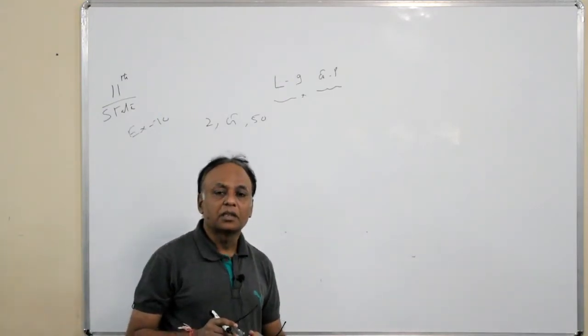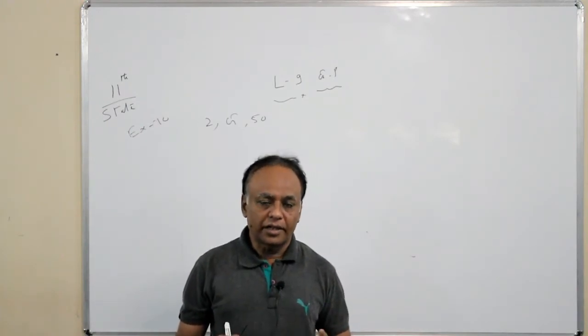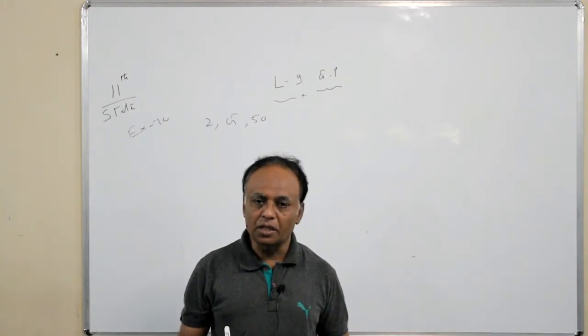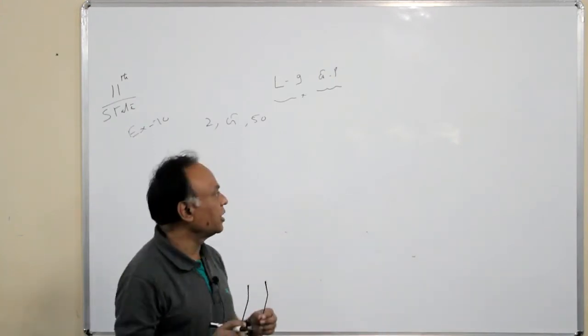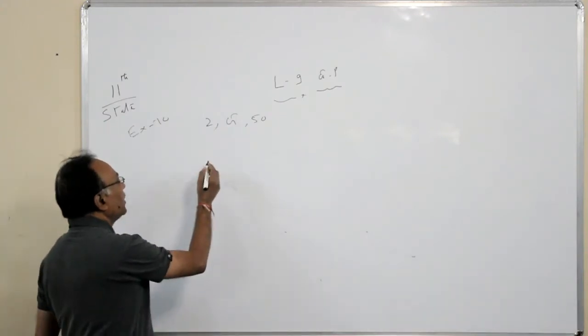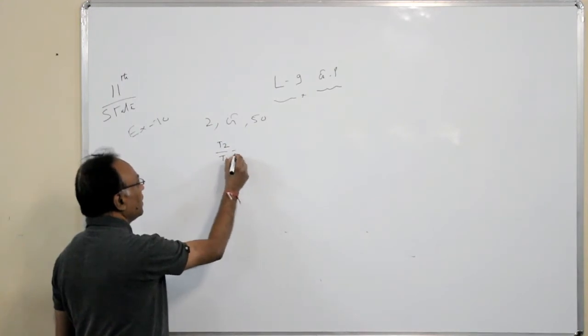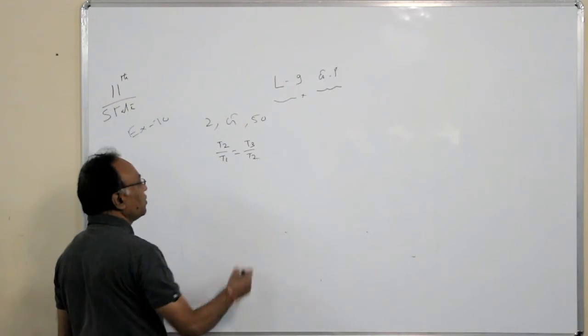Now you know very well, the ratio of the second term divided by the first term is equal to the third term divided by the second term. So here T2 upon T1 is equal to T3 upon T2.